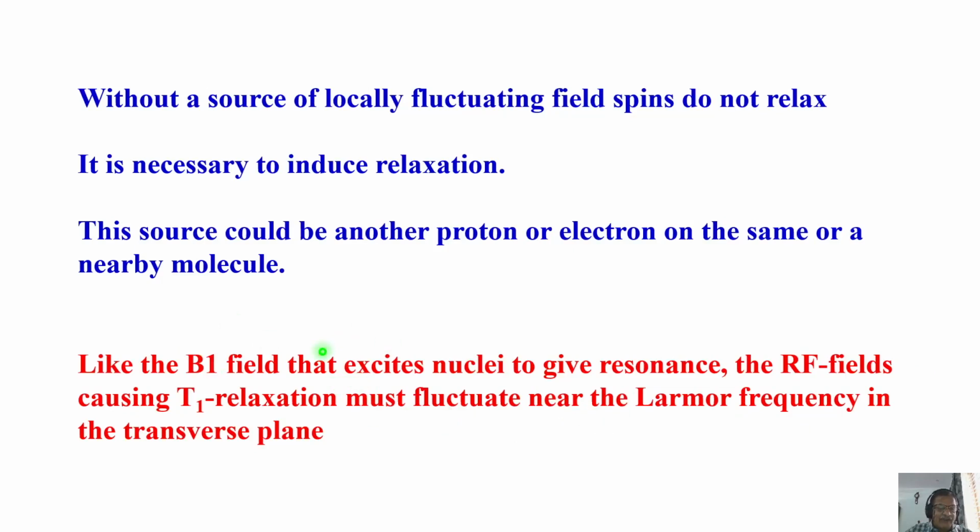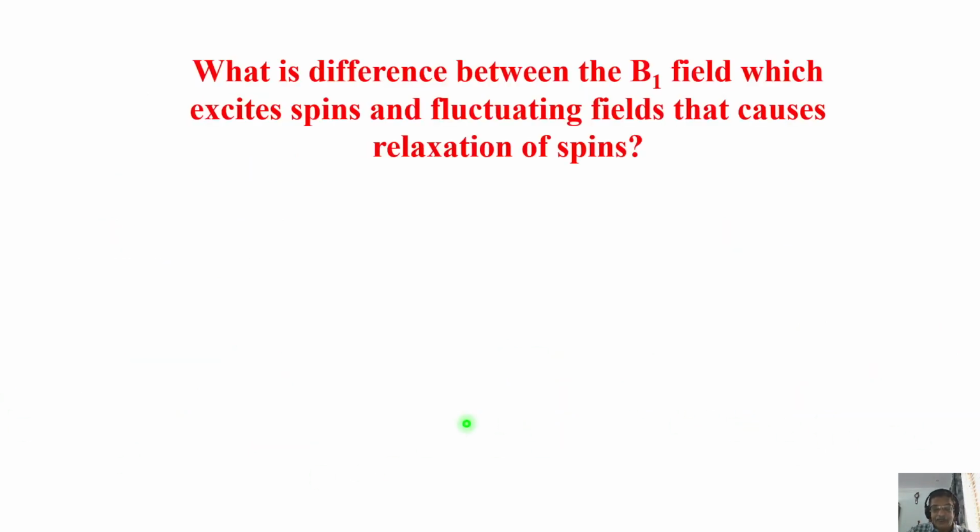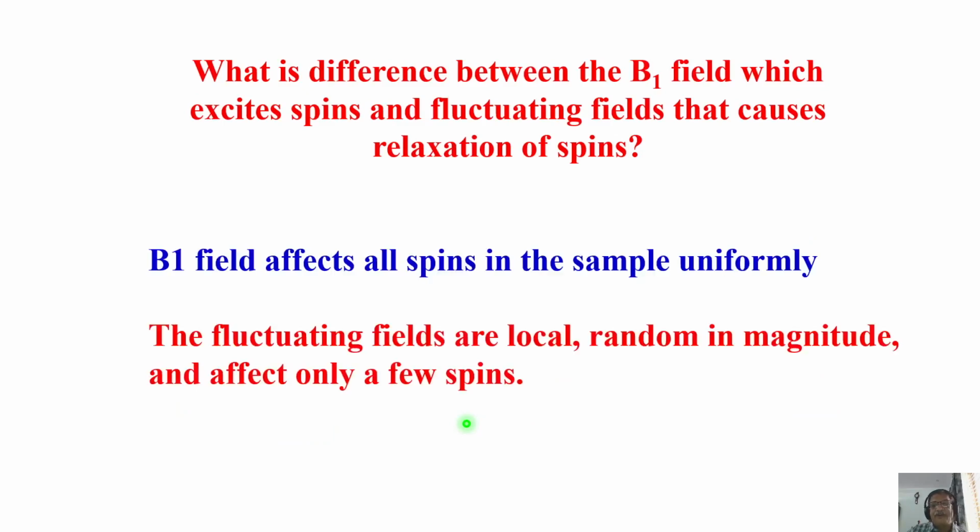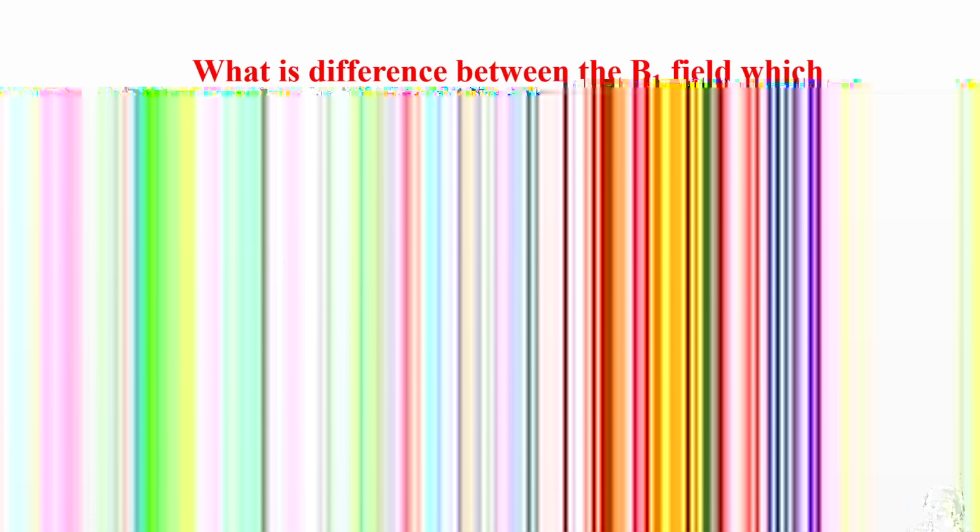Remember, I said when we apply a radio frequency field, it must be an oscillating field. I said static will not work. I very well remember. So similarly, this also should be oscillating. The fluctuating field must be at the Larmor frequency in the transverse plane. Now the question is, what is the difference between this B1 field, which excites spins, and the fluctuating field that causes spin relaxation?